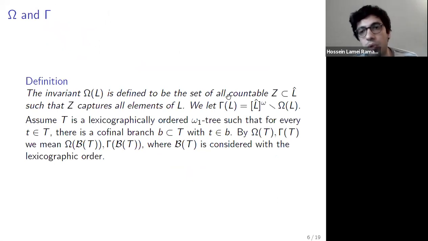But in this case, we only need the omega-1 trees case, so we just focus on that. The invariant omega of L is defined to be the set of all countable Z subset of L hat such that Z captures all elements of L. So basically we look at all the countable submodels which are going to capture all elements of L, and then we put them in omega of L. Gamma of L is just going to be the complement of that.